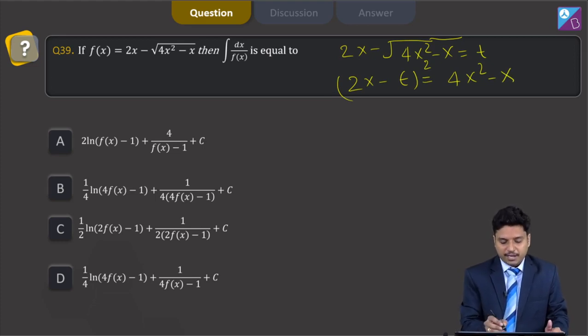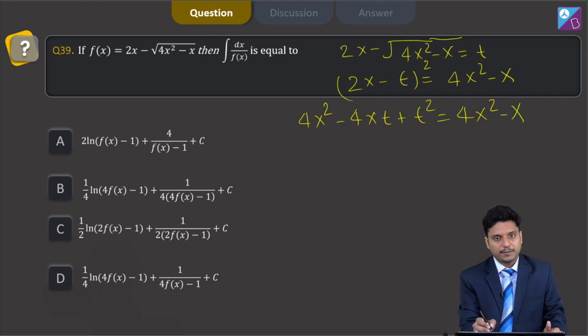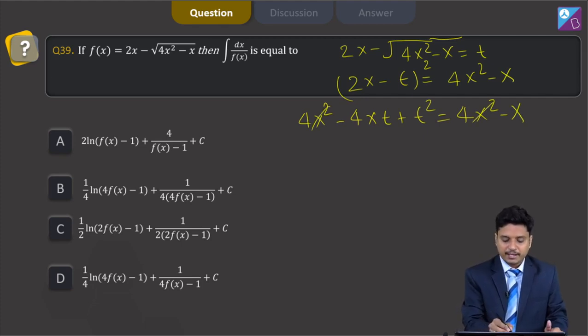Now if we expand it, this will be equal to 4x square minus 4xt plus t square, which will be equal to 4x square minus x. So 4x square gets cancelled and we are left with x equal to t square upon 4t minus 1.